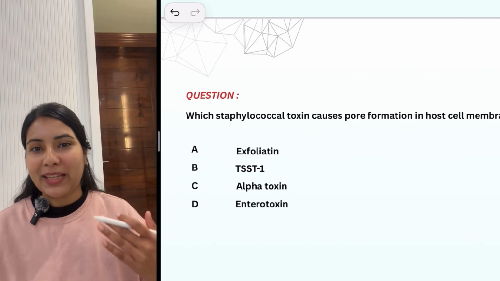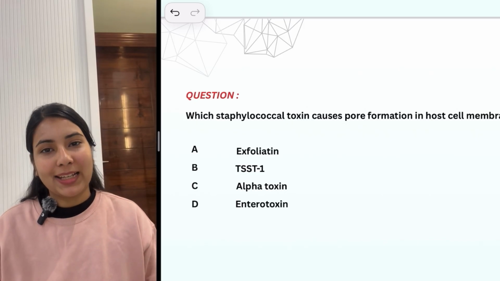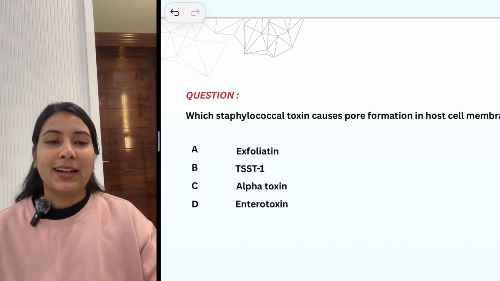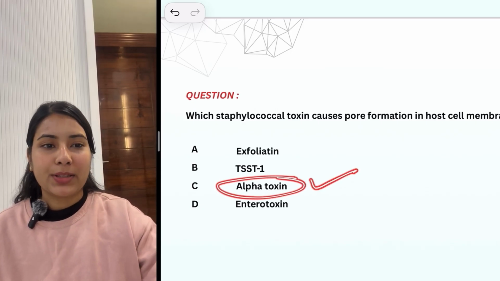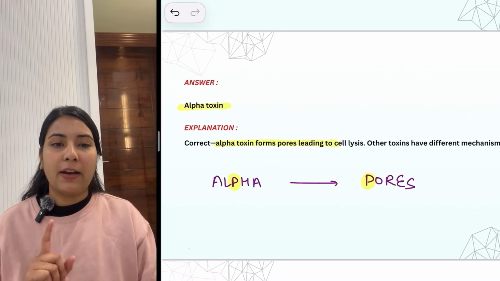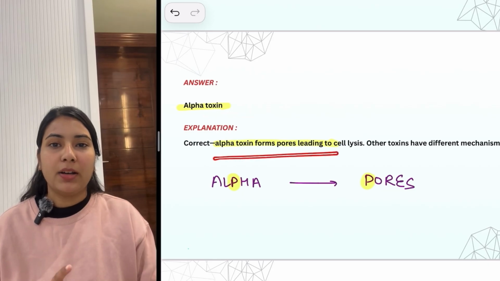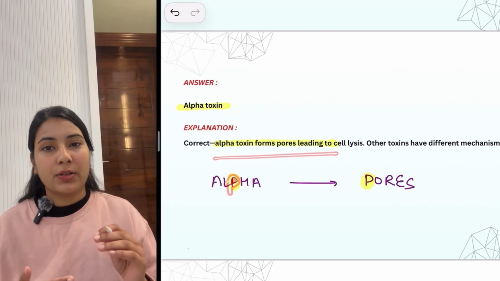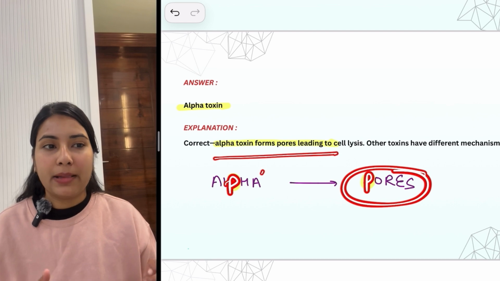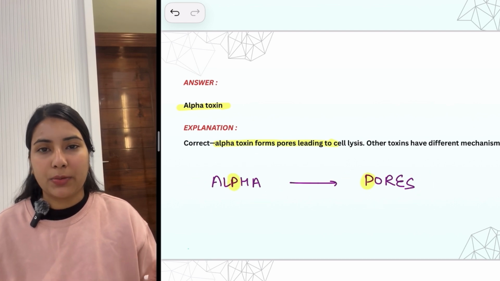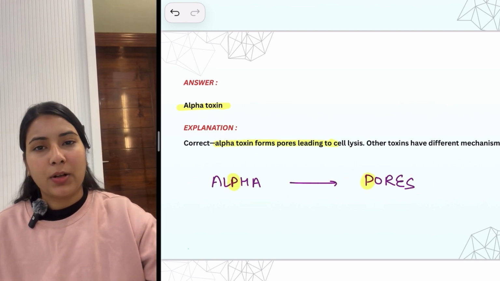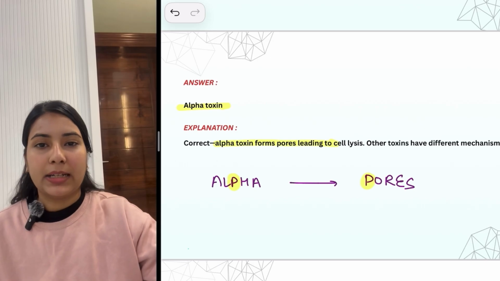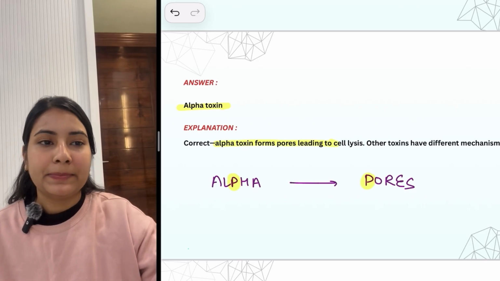We know from the explanation of the above question itself that the answer here is alpha toxin. Another way to remember this toxin is that in alpha we have P, for pore. So it causes pore formation in the cell membrane, or it causes damage to the cell membrane. Other toxins' mechanisms we have studied in the above question, right?